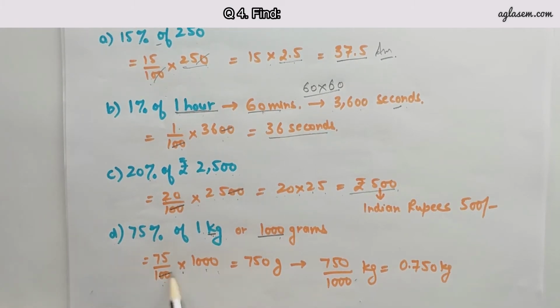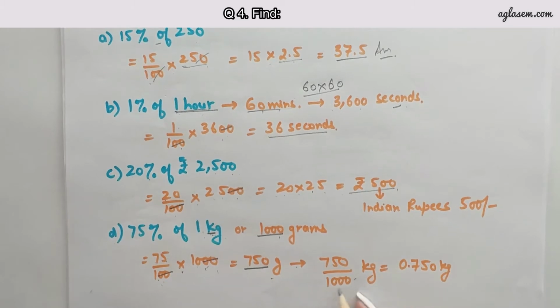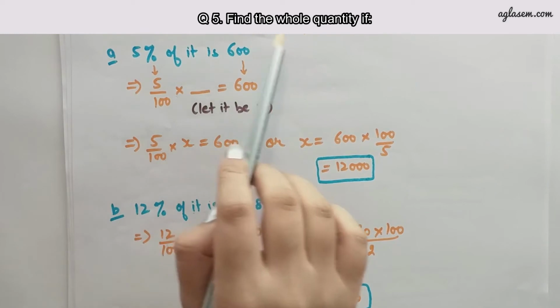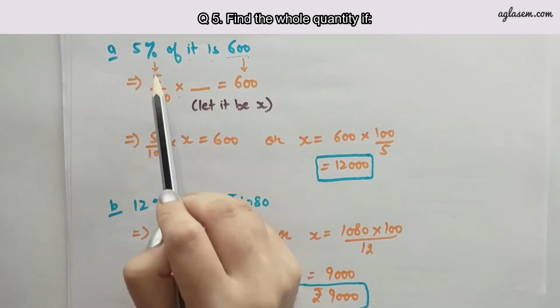Now again we'll cancel out 2 zeros from down, 2 zeros from up, and we'll get 75 into 10, that is 750 gram. Now we can convert it again into kg. To do so we have to divide it by 1000. Now we can get the answer 0.750 kgs.